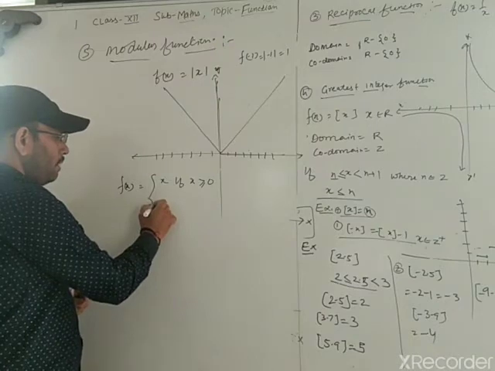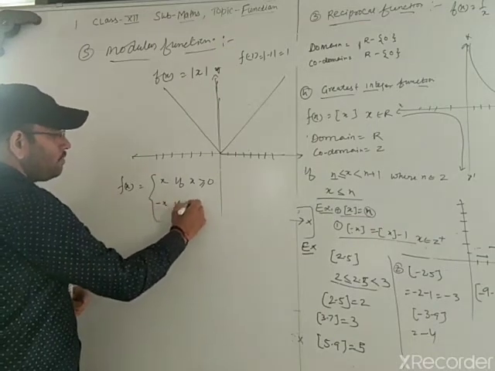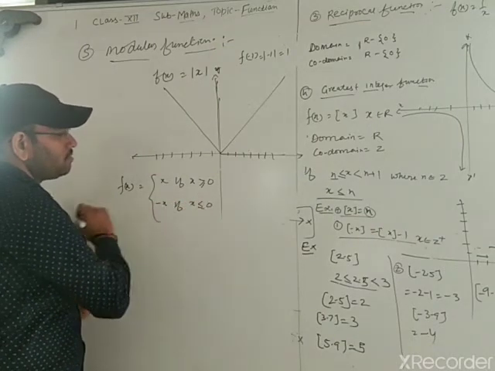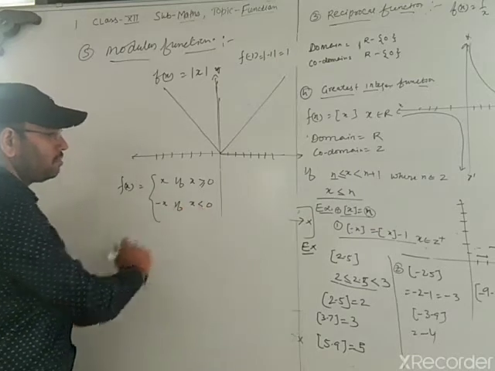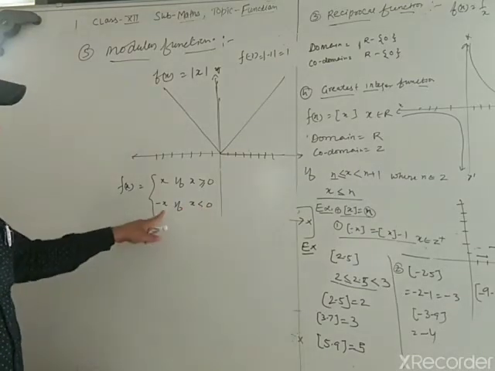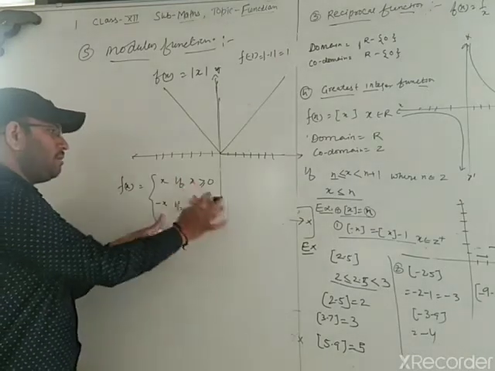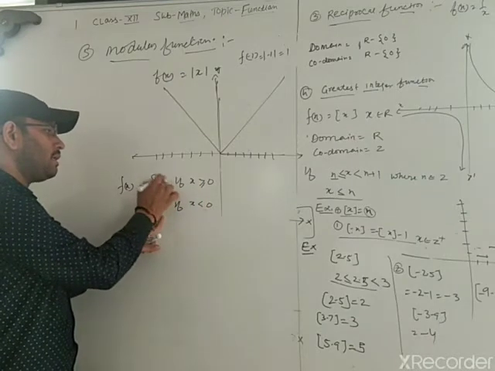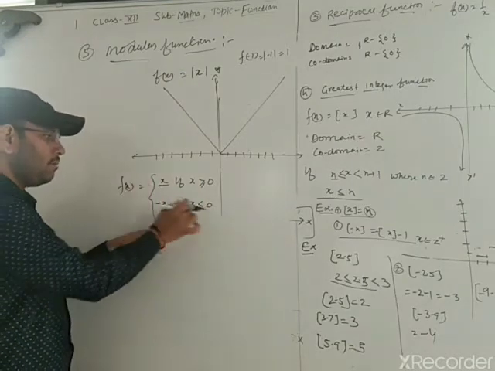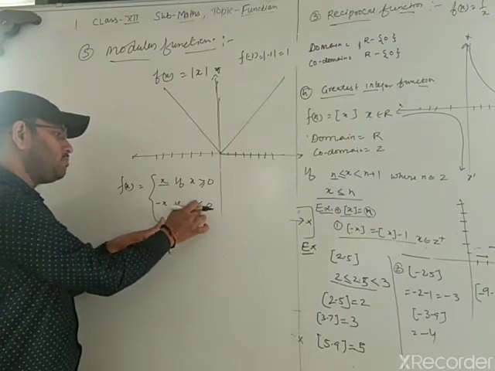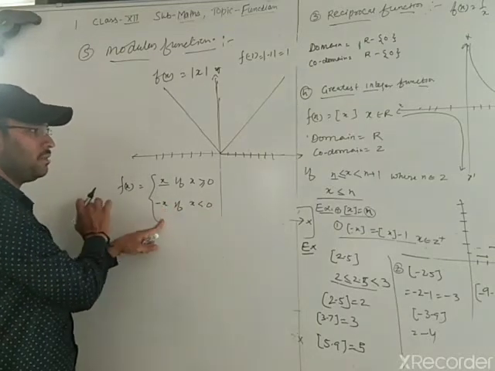Minus x if x is less than 0, not equal to. Clear or not? If we have a positive value, we take x as it is. But if we have a value less than 0, we take minus x.